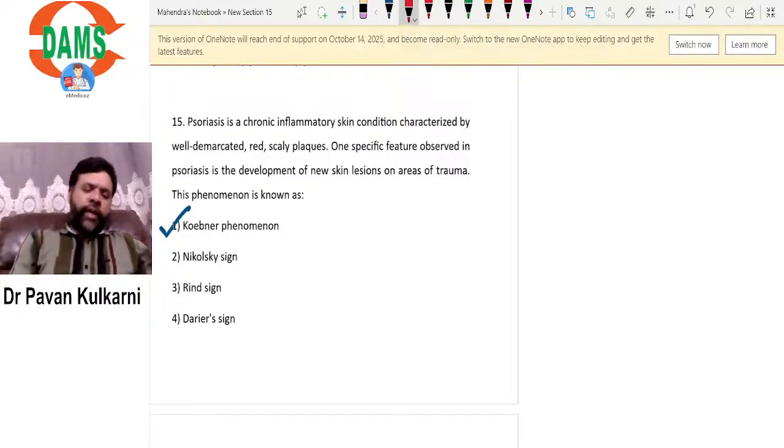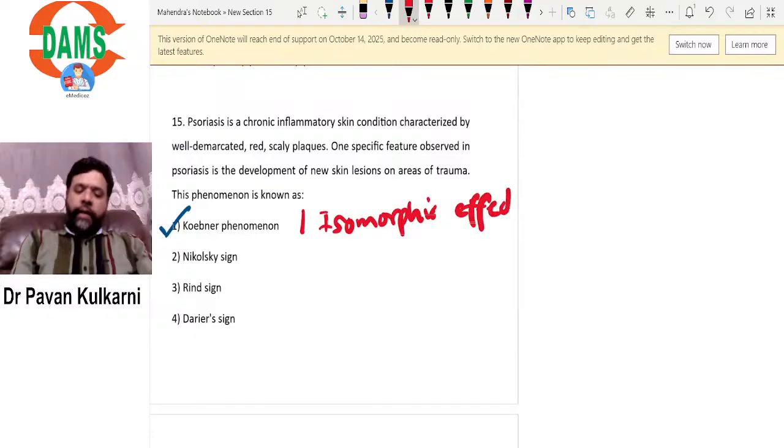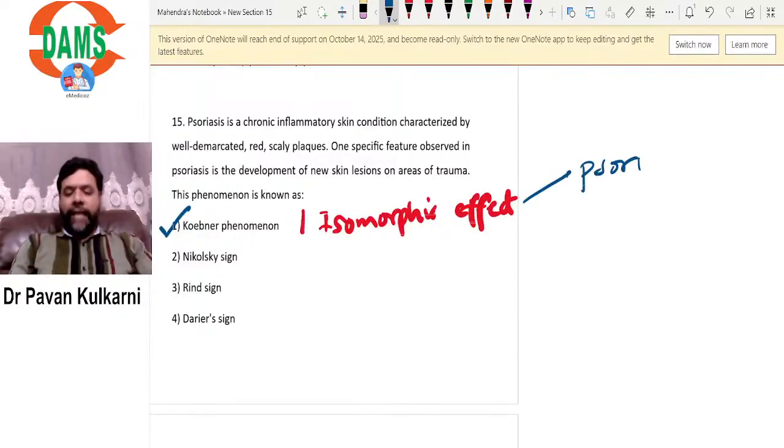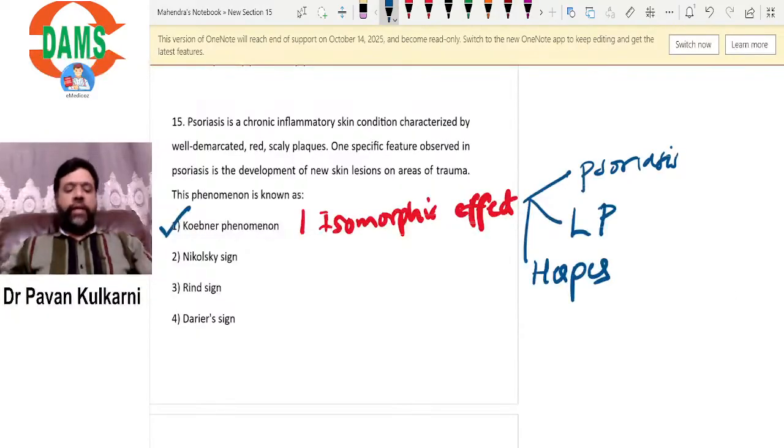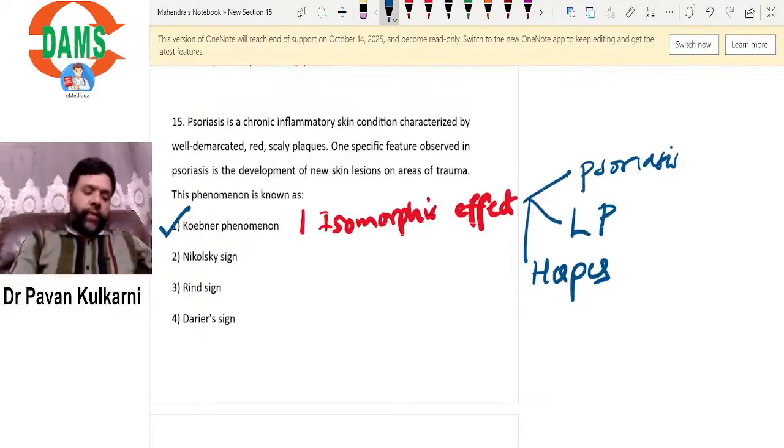Koebner's phenomenon is also known as the isomorphic effect. It is specific for psoriasis, but you can also see it in lichen planus, and sometimes in herpes.